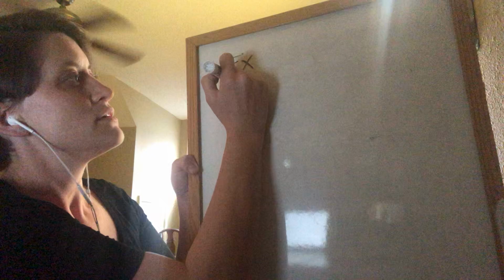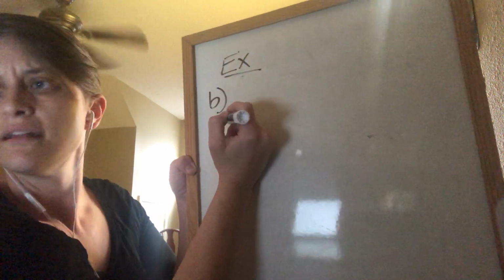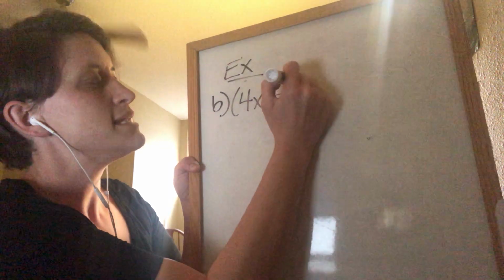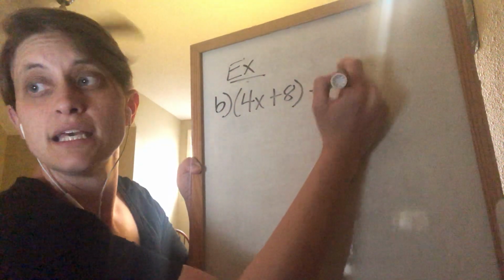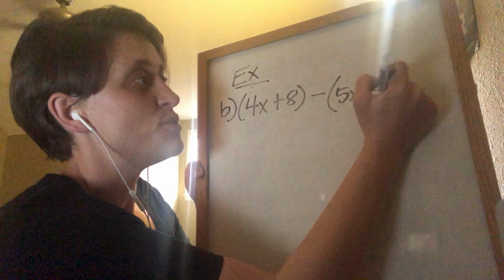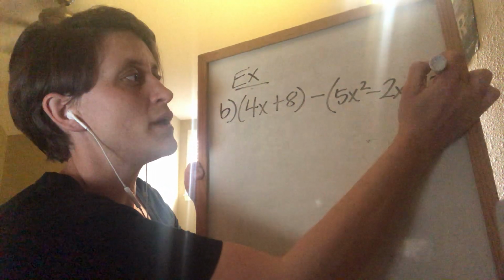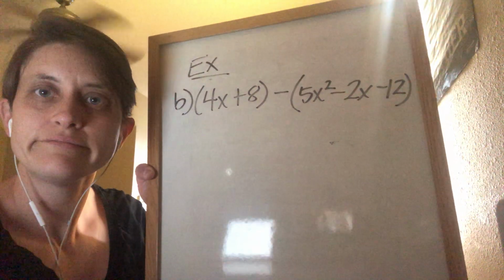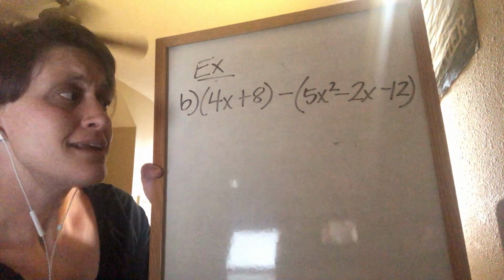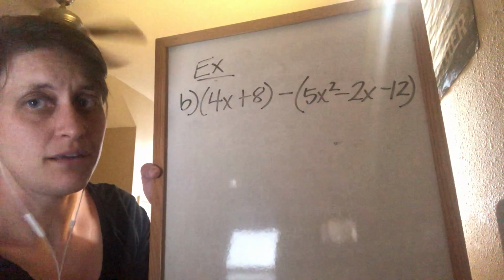All right, so let's say we want to do 4x plus 8 minus 5x squared minus 2x minus 12. Okay, so we learned in the last example that subtracting polynomials is just like adding polynomials.